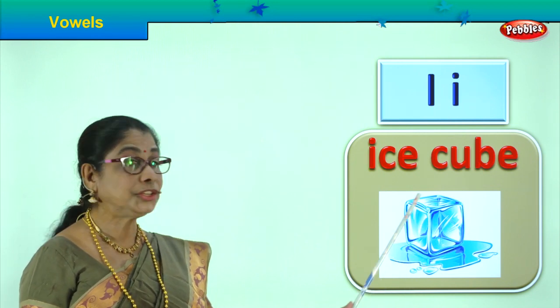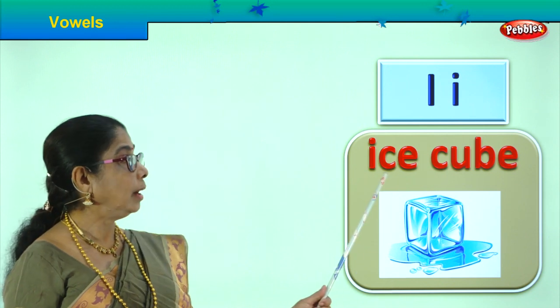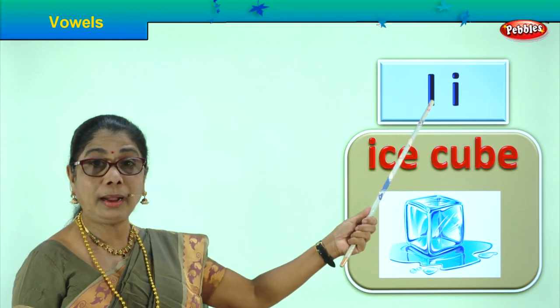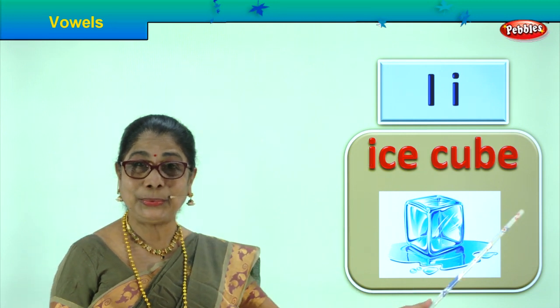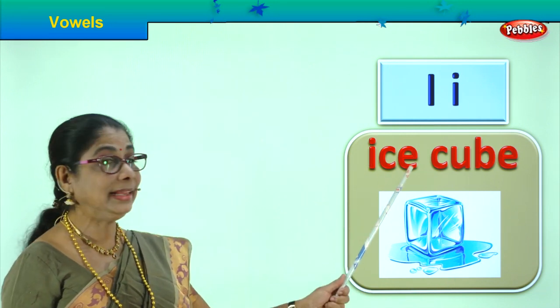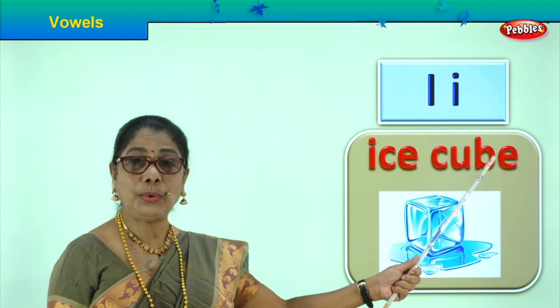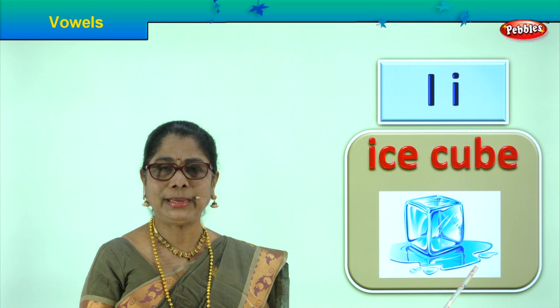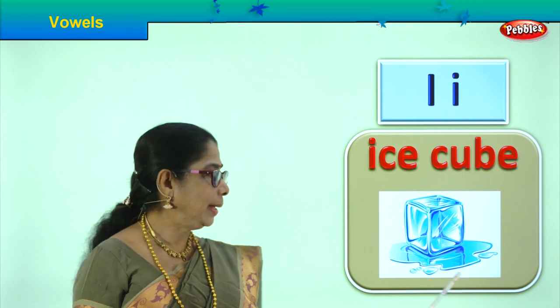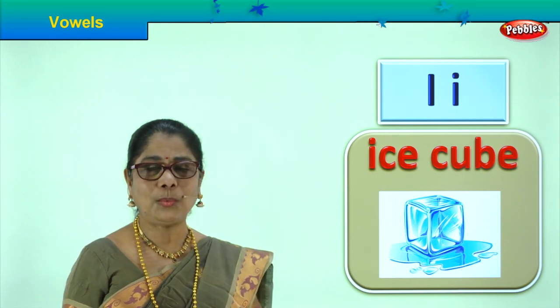This is an ice cube. Ice cube. I, E. Ice cube. What happened to the ice cube when you take it out? It will melt like this and become water.